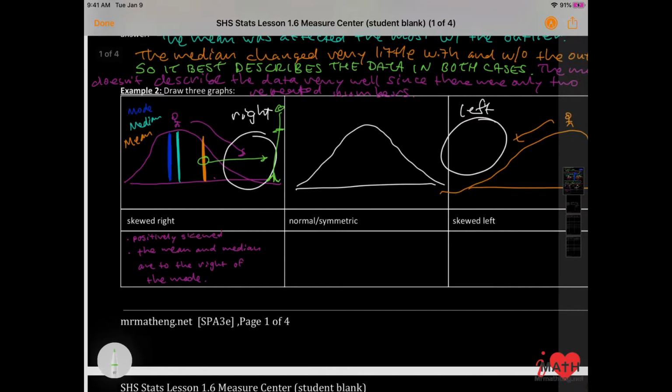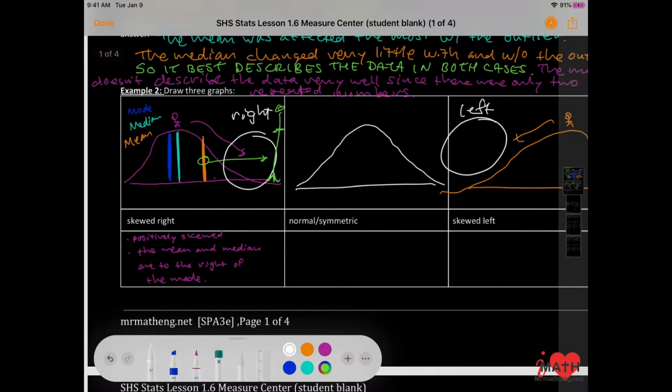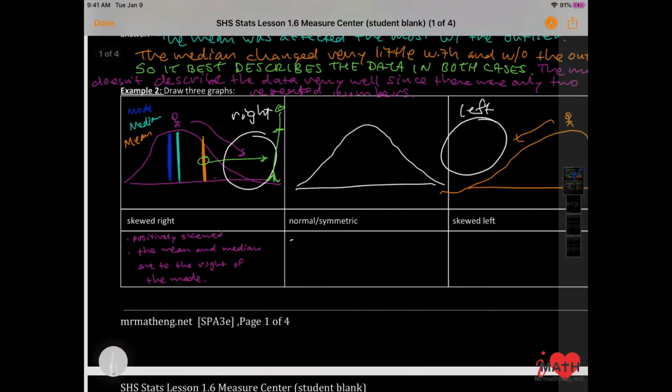All right, let's talk about the normal or symmetric. So they call this one zero skewness. So just big idea, it's normal. And this is what you need to know. The mean is equal to the median, so it's exactly the same, and it's also equal to the mode.